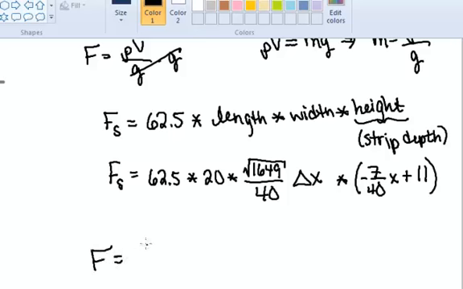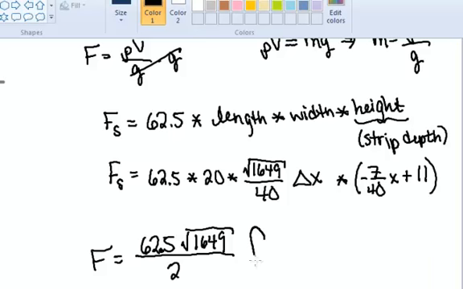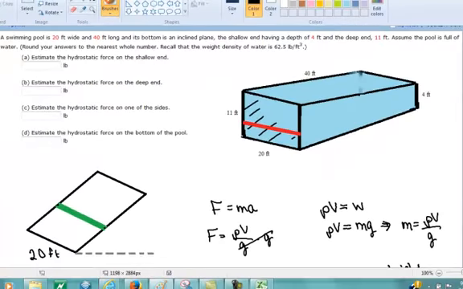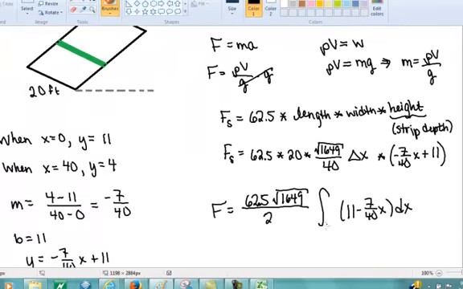So the total force would end up being 62.5 times the square root of 1649 all over 2. There's a decimal place right there. Times the integral of this. I'm going to write it as 11 minus 7 over 40 x dx. And our x's were going from 0 to 40 because this was x equals 0 and that was x equals 40. We also use that right here.